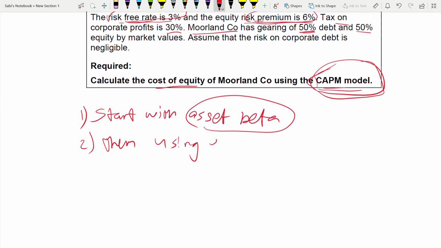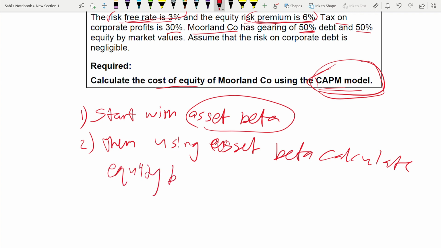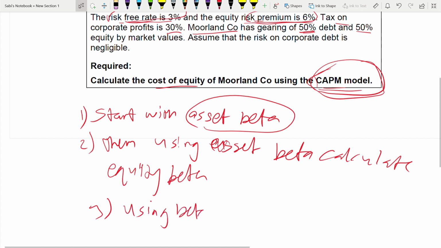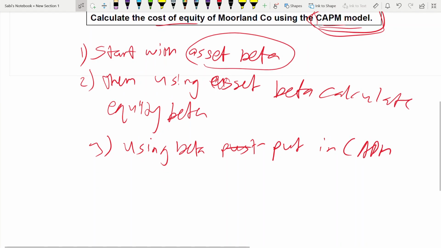Then, using asset beta, calculate equity beta. Once you get the equity beta, put it in the CAPM model. Remember, you need a beta factor in the CAPM model. This is the equity beta that you needed in the capital asset pricing model. That's why we are doing all this.